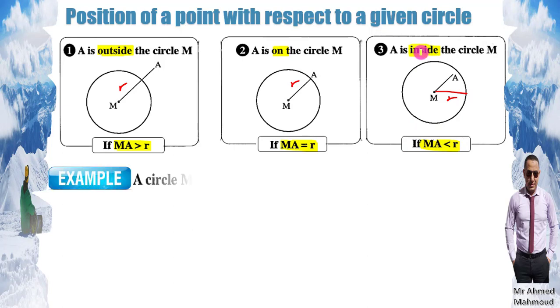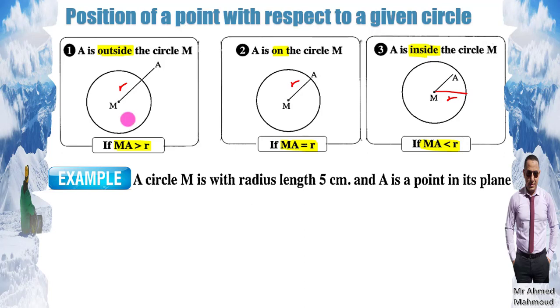Now we have an example like this. Here the circle M, as we see, has a radius of 5 centimeters, so r equals 5, and A is a point in the plane. If MA equals 5, so MA equals r, so A is on the circle.